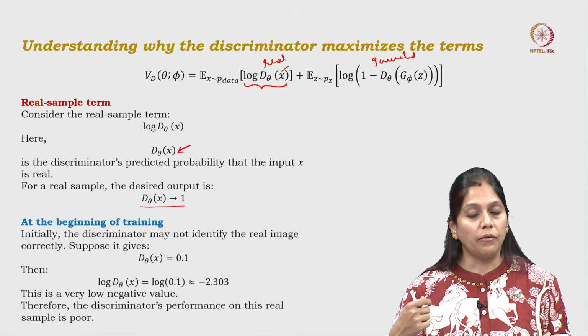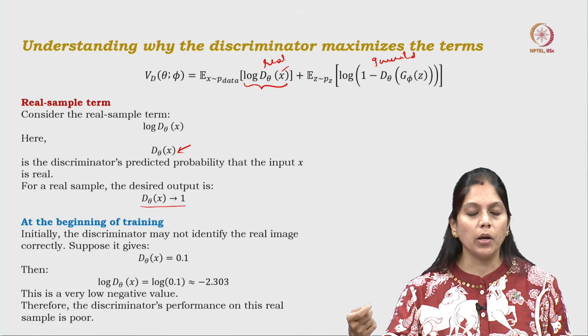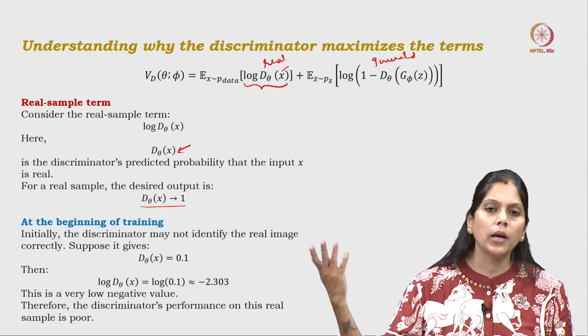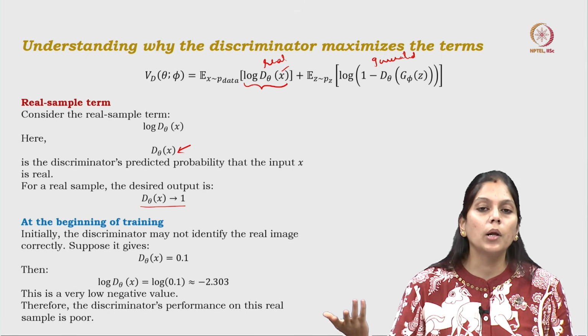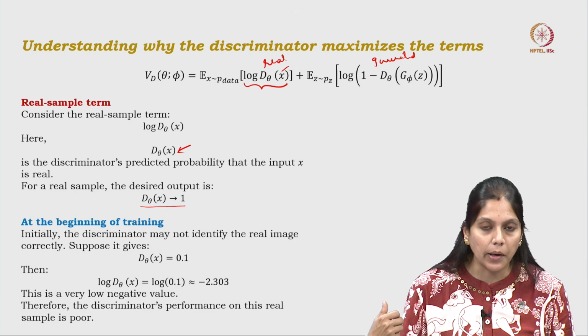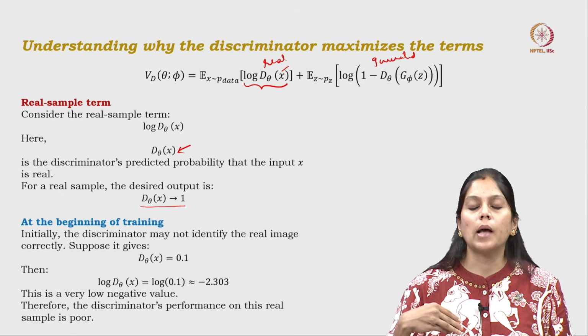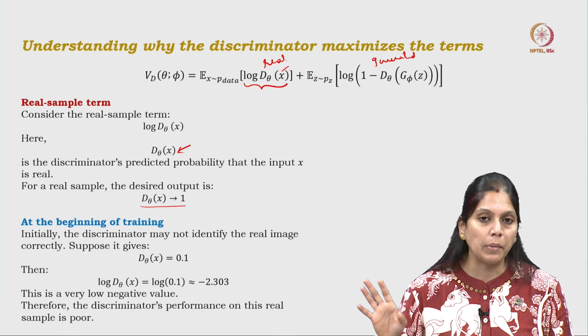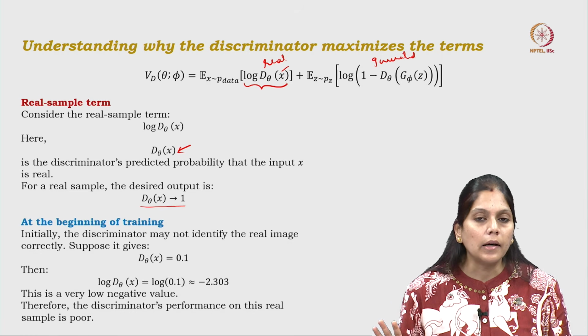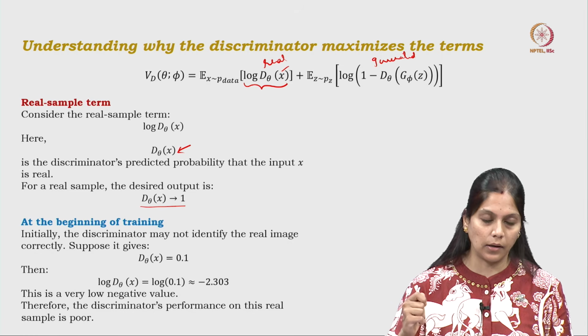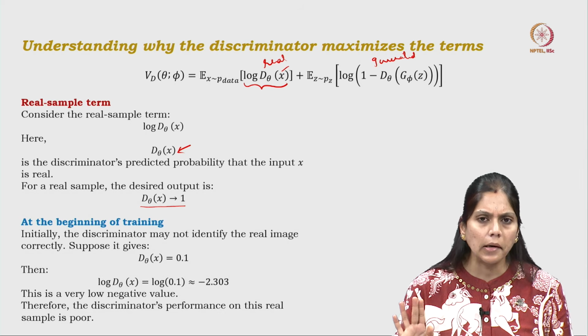Do you think for the first time, the discriminator will give a very high probability? No, because you have still not trained the model. How will the model know which is real and which is generated? So, at the beginning of the training, it is not necessary that the discriminator gives a very high probability.